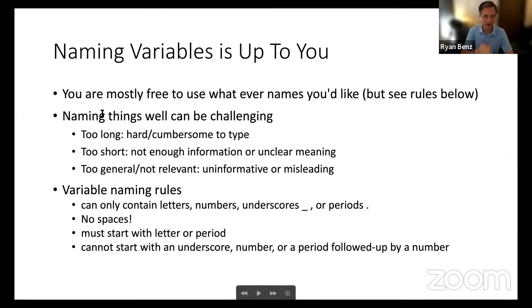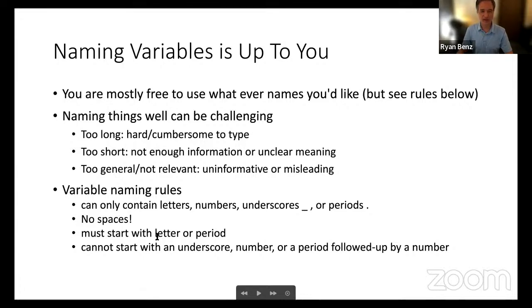Let's talk quickly about the naming rules of variables. Variables can only contain letters, numbers, underscores, or periods. Those are the only valid characters you can use in your variable names. This obviously is a big universe of characters, so you're not limited that much, but you can only have these characters in your variables. There can be no spaces within the variable name. Everything has to be contained in one unit, if you will.